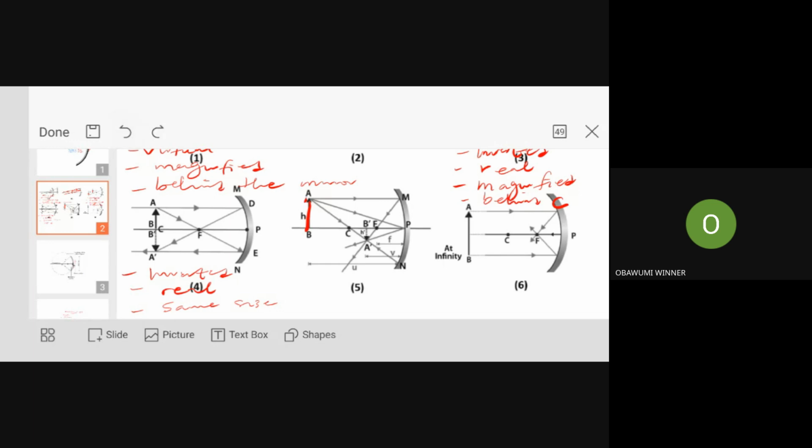That's what I try to sketch here. The rays of light go from here, incident here, and it reflects. Let me draw that again. It goes this way. Remember, the reflection must always be through point F. So it reflects through this point F here, this way.